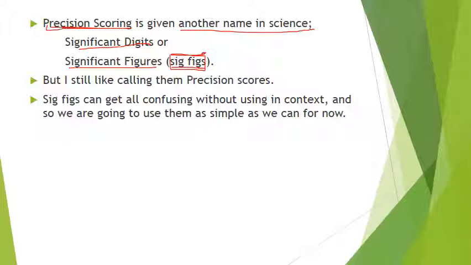Maybe they taught it in terms of this. But most teachers just plaster a number in front of you and say, how many sig figs does it have? And you don't understand what that means.